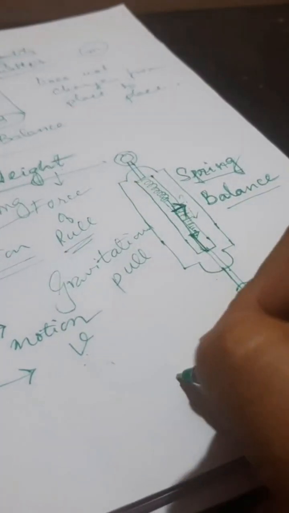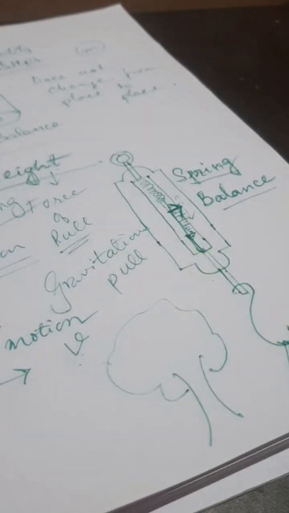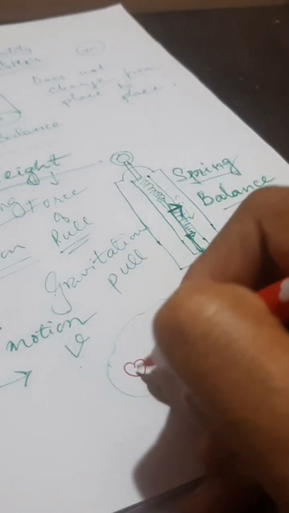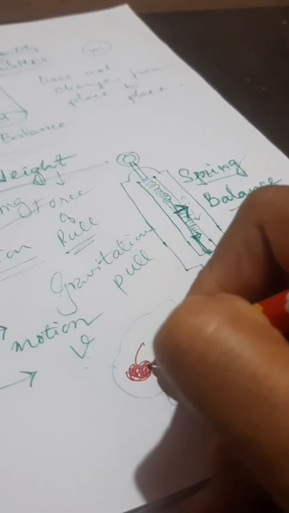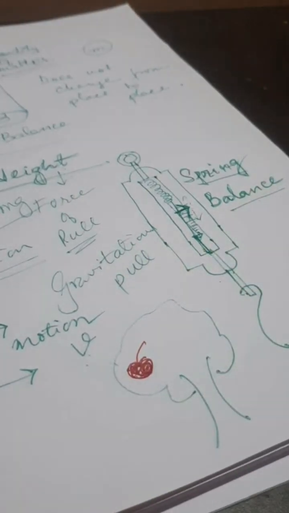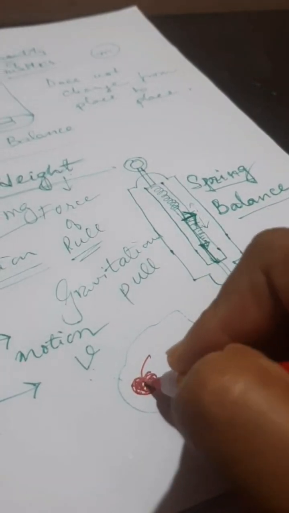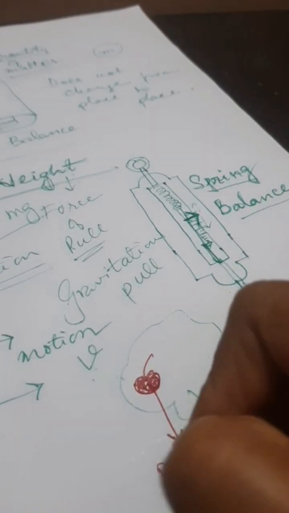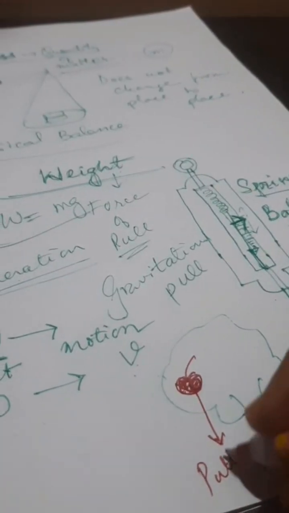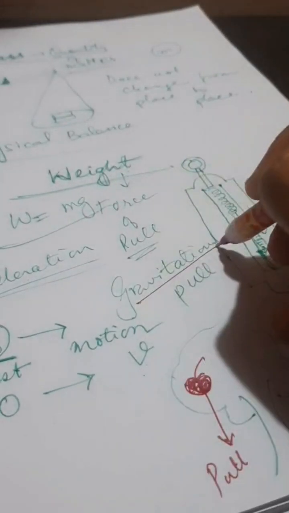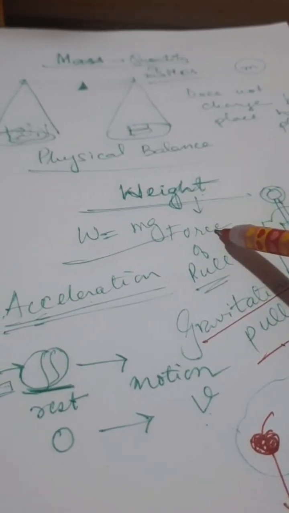So if you have an apple falling from a tree, what does happen to this? It also experiences a force, pull, due to gravity. Yes, due to its gravitational pull. So that means force is acting.